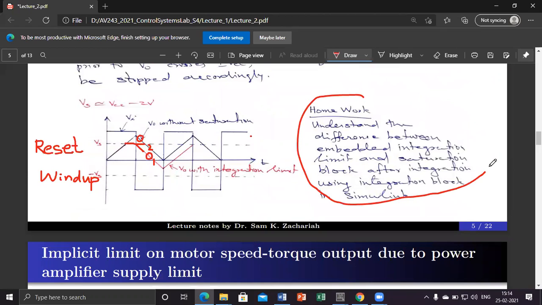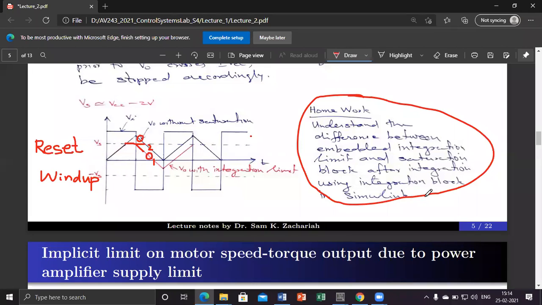I have given a homework here, that is, understand the difference between embedded integration limit and a saturation block after integration, using the integration block in Simulink.